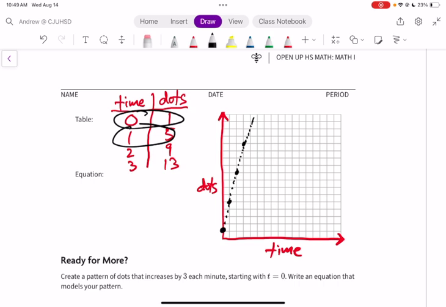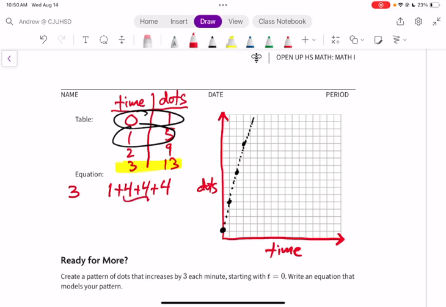So what about the equation? Well, let's take one of these lines. Let's take this line apart. Let me write it out the long way. So at time 3, we have 1 dot, and then we've added 4 dots. How many times? Well, after 3 minutes, we've added it 3 times.